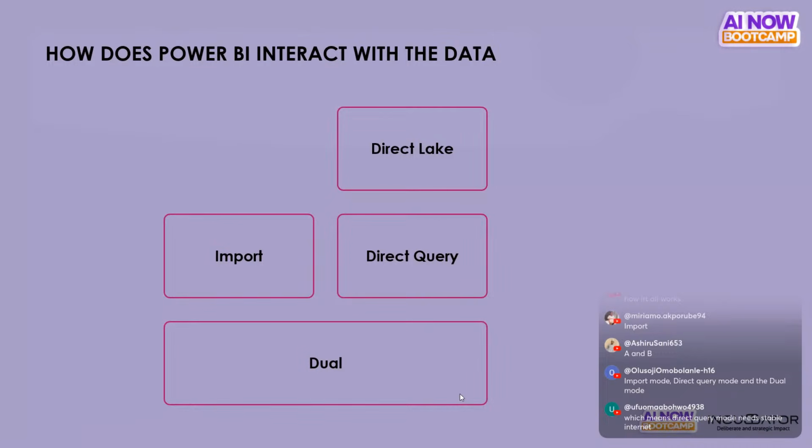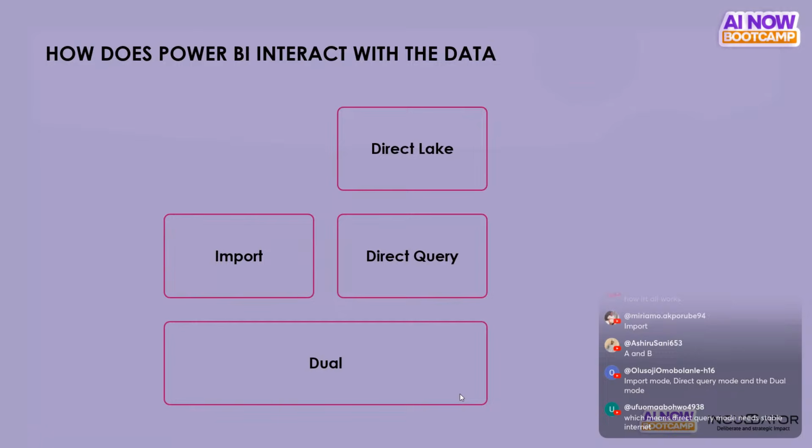All right. Direct query mode, we definitely need a stable internet, right? Of course, especially if your data source is in the cloud, you definitely need a stable connection. So those are the things you want to consider when you determine which storage mode to use, whether an import mode or a direct query mode. You want to look at the security restrictions.